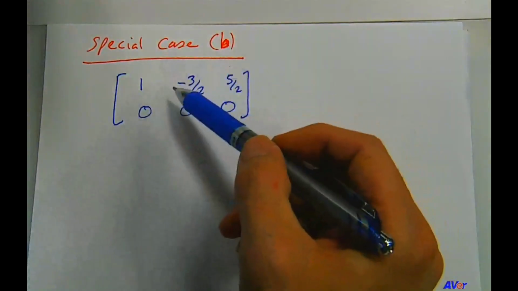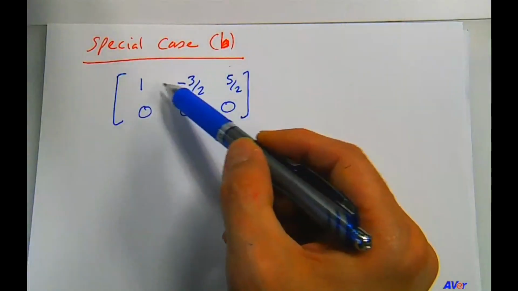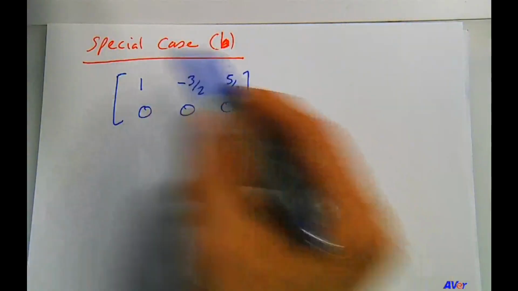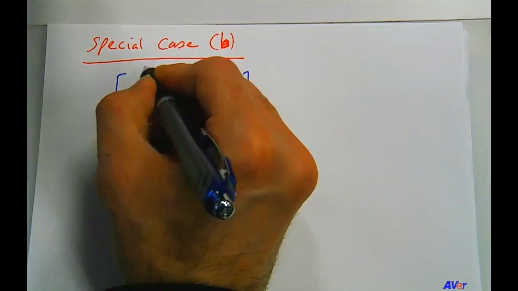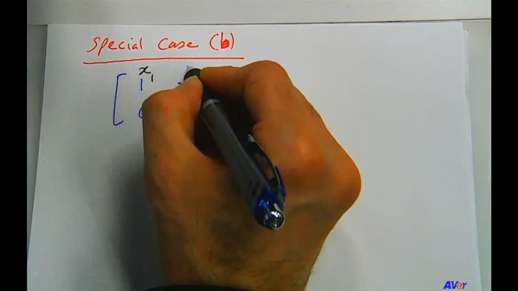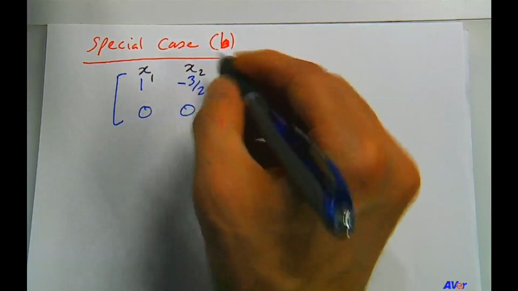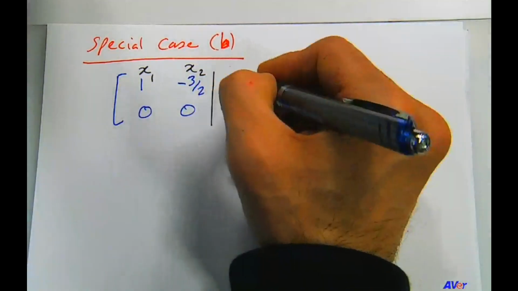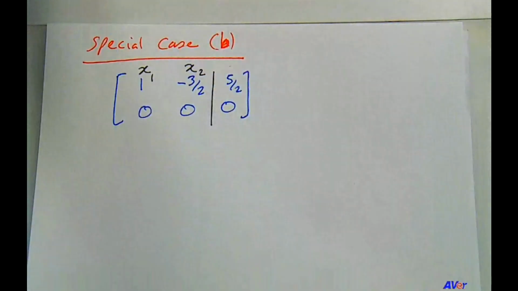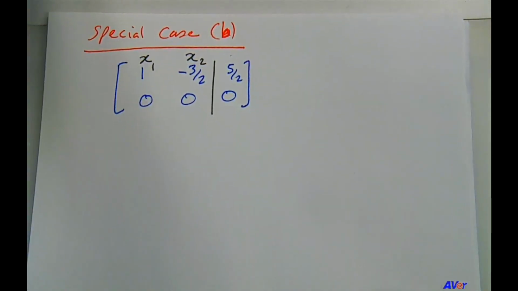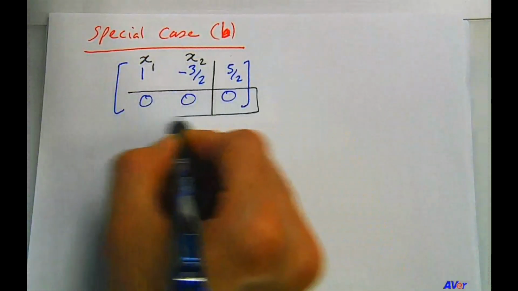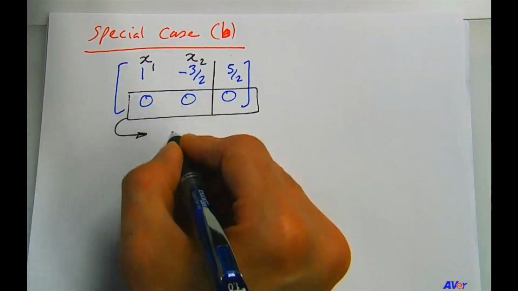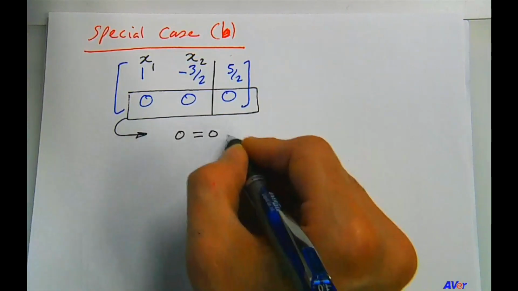Okay, so this is two equations, two variables. This first column would be the coefficients of, let's say, variable x1. The second column would be the coefficients of variable x2. And the far right numbers will be the constants. Okay, so notice that this bottom equation simply means 0 equals 0, right?